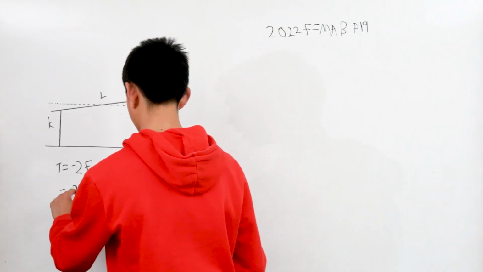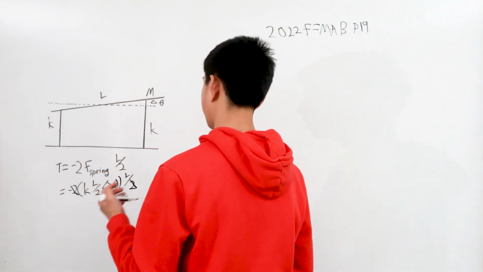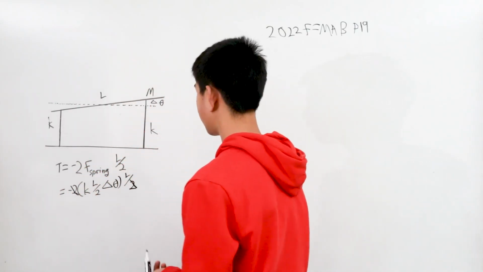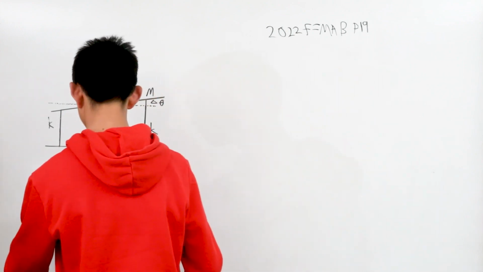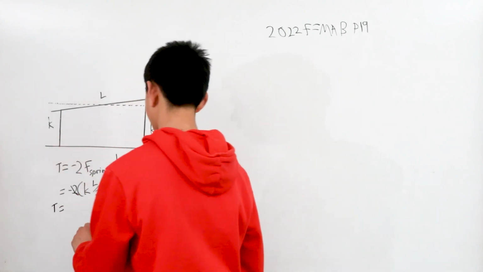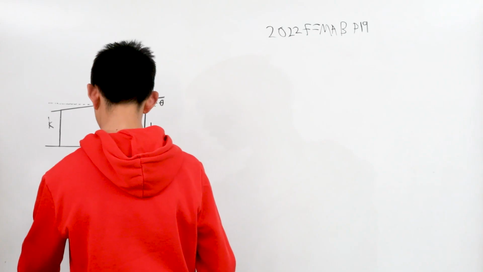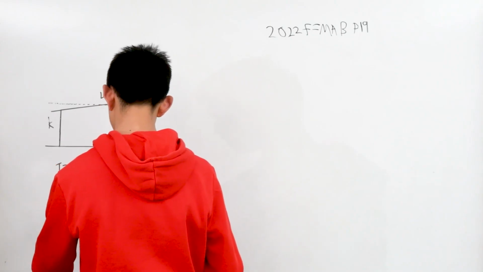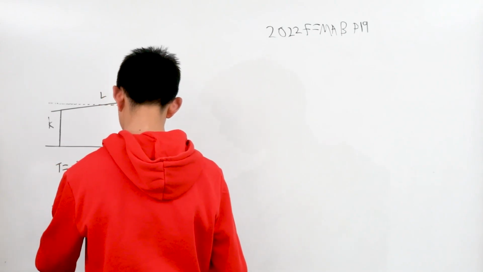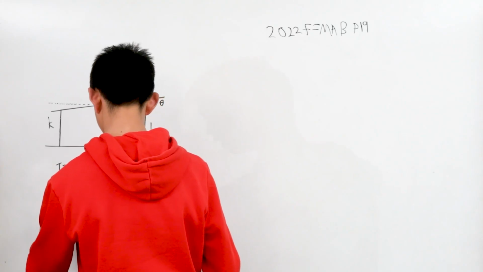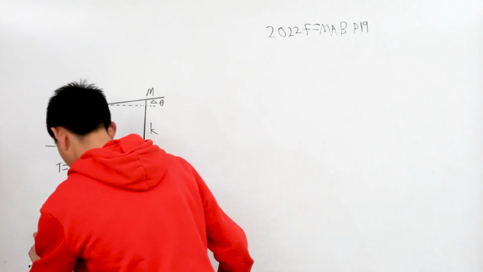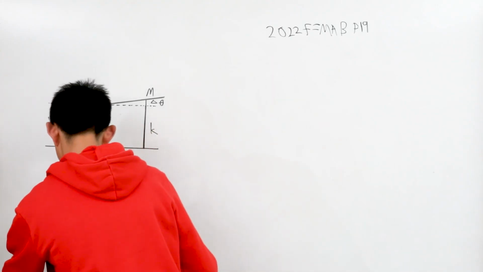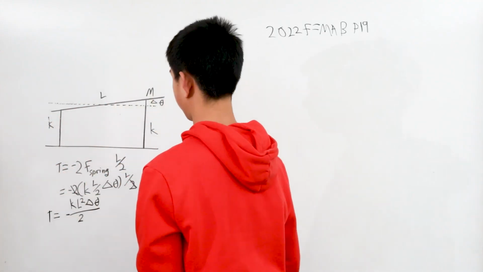These twos cancel out, and then it's just algebra to find a simple equation for the torque. We get that the torque is equal to KL squared, change in theta, over 2, and take that negative. So this is our equation for torque.